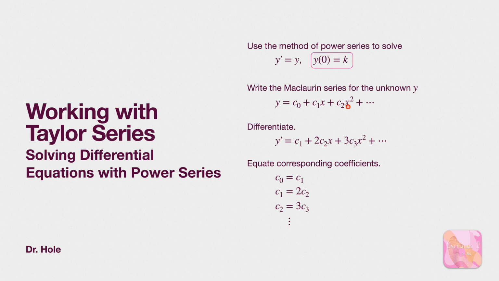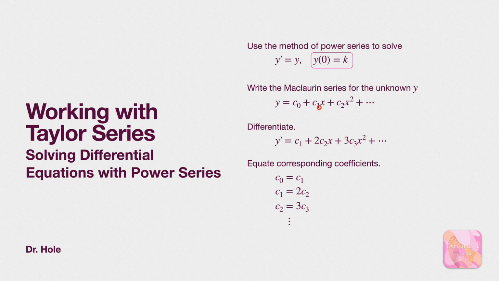Let's then jump to the initial condition and see what else we can pry out. Well, the function itself at 0 means that we can look at the Maclaurin series representation, and if we want to evaluate the unknown function at 0, that would mean plugging in 0 for x.